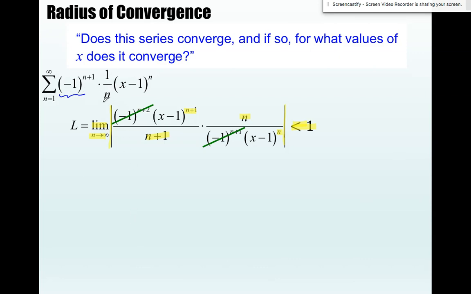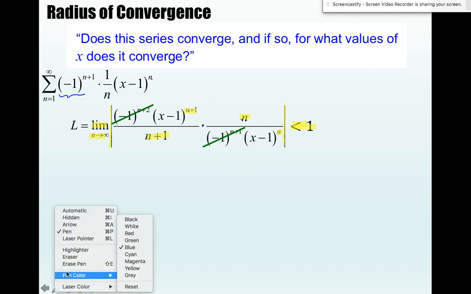I replaced the n here with n plus 1. I replaced this n with n plus 1, and then I multiplied by the reciprocal. Right? So n was in the denominator, is now in the numerator. X minus 1 to the n was in the numerator, is now in the denominator. Do your exponent work. Remember, target your x's.